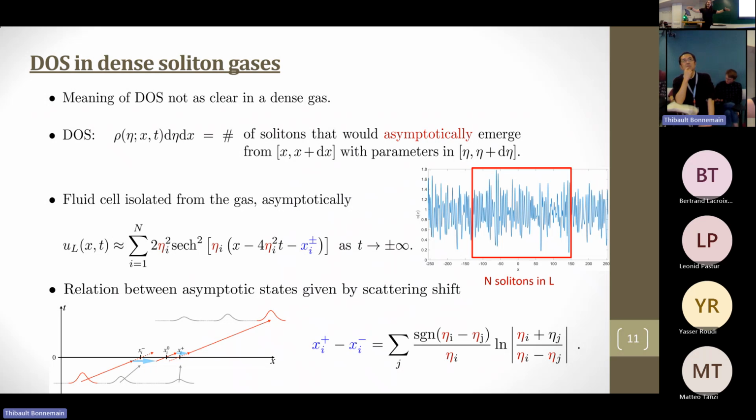If you take your stationary state and you take a piece of this fluid cell of your solution gas and you isolate it from the rest, then you have certain energy and then you can compensate using the gas. It's an artificial setup, and you can create some other special treatment and see the appearance of the solitons.